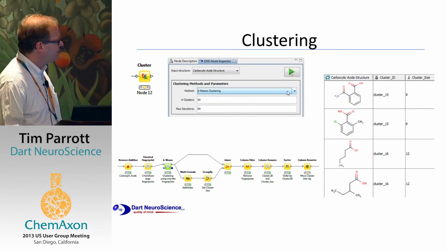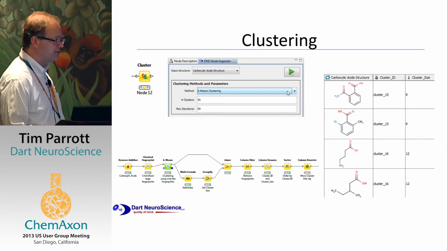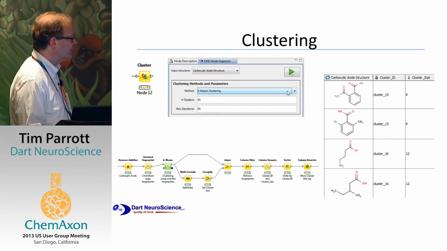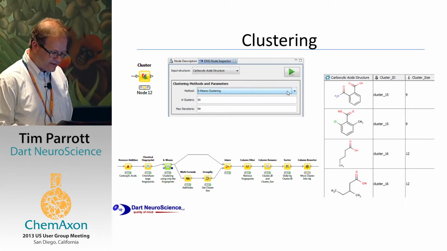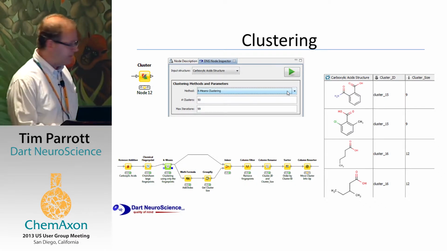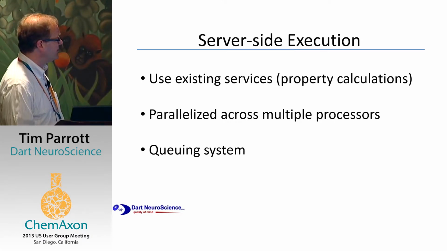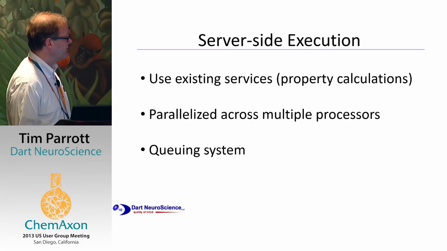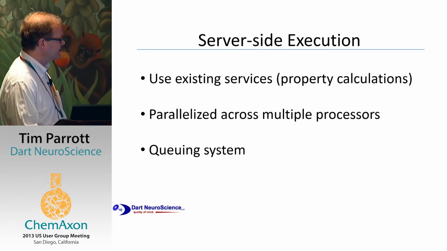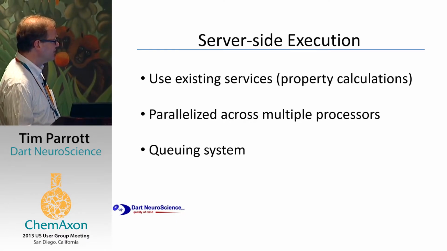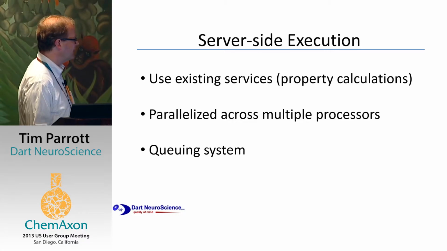So both ROCS and the clustering, and even sometimes the enumerations, can be fairly computationally intensive. And so one of the key reasons that we move things to server-side execution is the extra power that you can get there. In addition, we needed to reuse the existing services that we had.